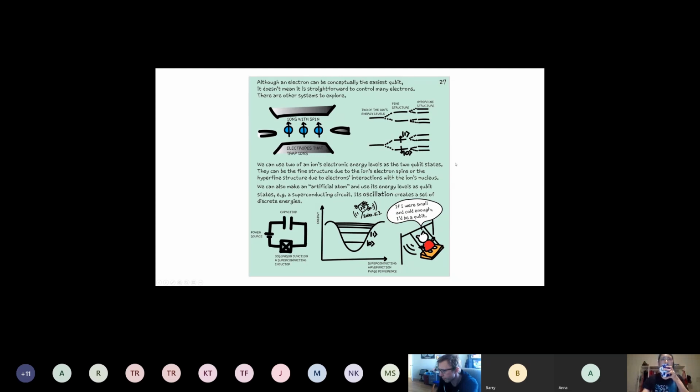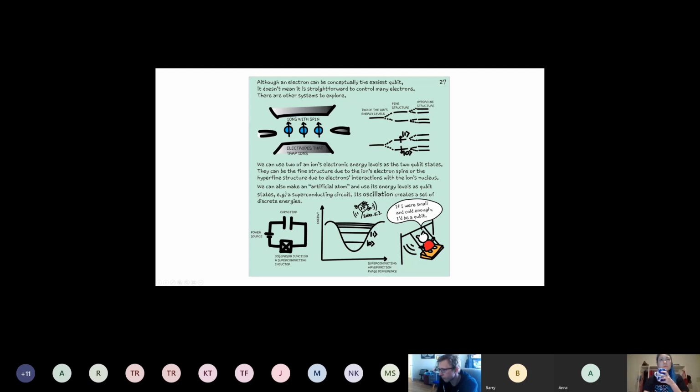Since electrons and ions both use energy levels, we could also try to make artificial atoms. Electrons and ions are natural particles, but we could also mimic them in a circuit.